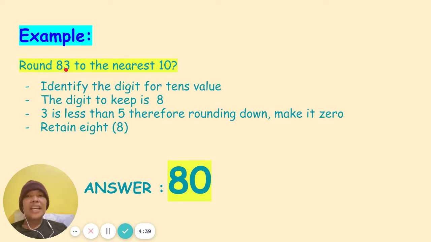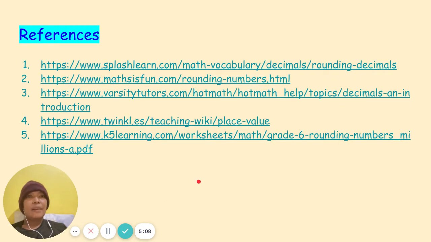So, pag ang katabi niya ay 3, this is less than 5. So, ibig sabihin, rounding down. So, pag rounding down, if this is a whole number, you make it 0. Okay? Pag rounding down and this is a whole number, you make it 0. So, your answer is 80. Okay? Okay, we will be doing a lot of examples. Okay, more examples.